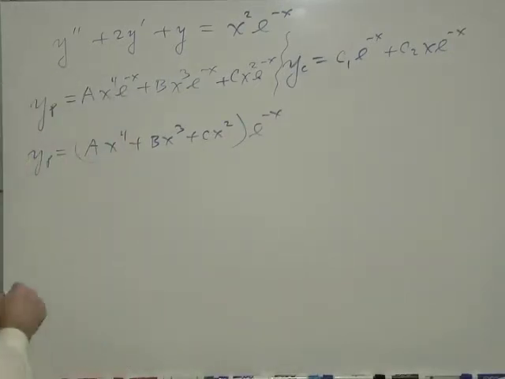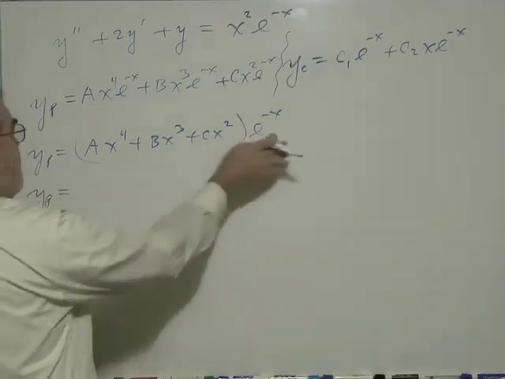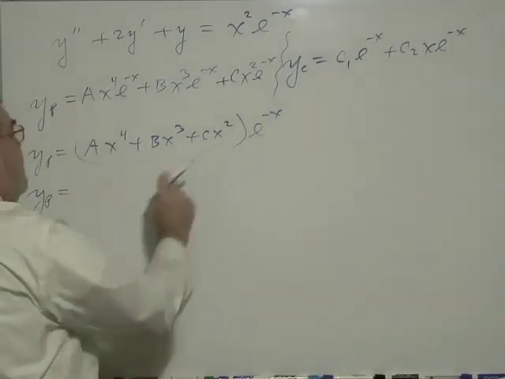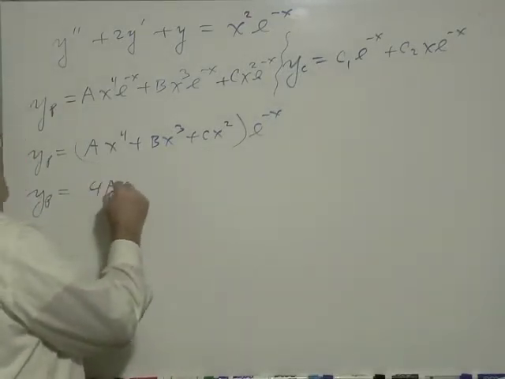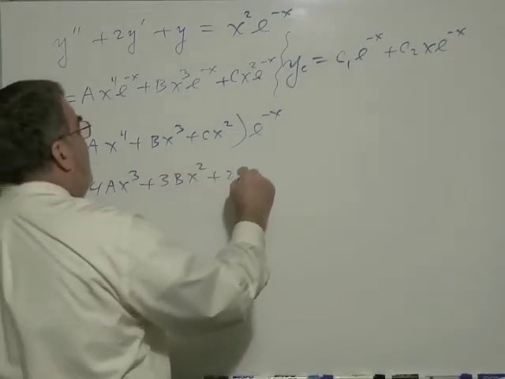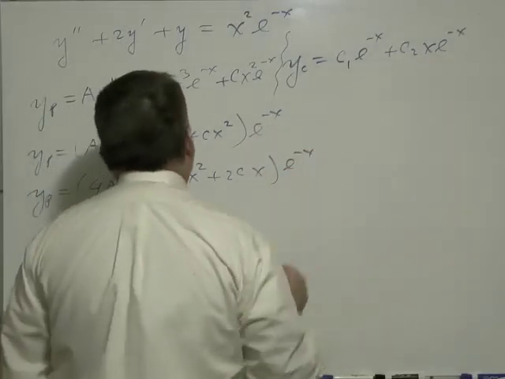Okay, well, we have to take derivatives. So the first derivative, we have a product rule here. So the derivative of this parentheses is 4ax cubed plus 3bx squared plus 2cx, times e to the minus x.